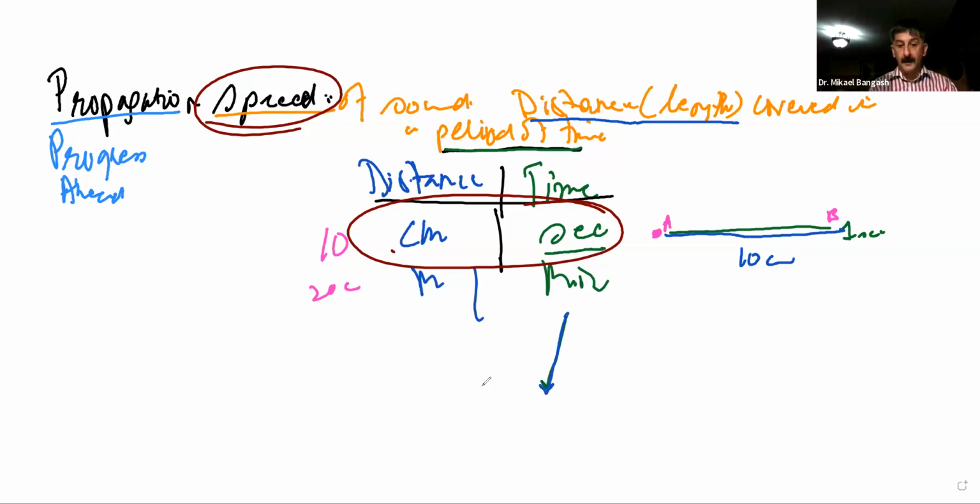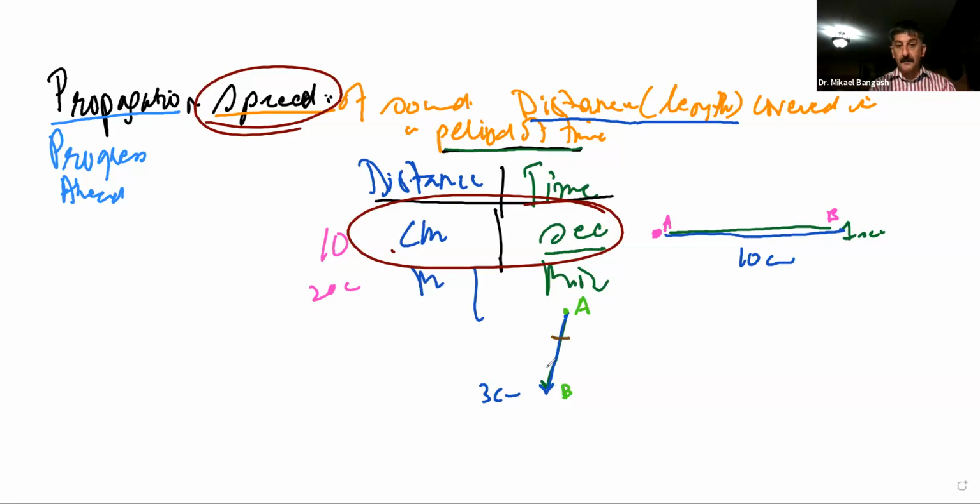You can say it's 3 centimeters. But the speed is going to determine the time that it will take to reach from point A to, let's say, point B. That point B is 3 centimeters away from the starting point. It's all going to be dependent upon the speed itself.